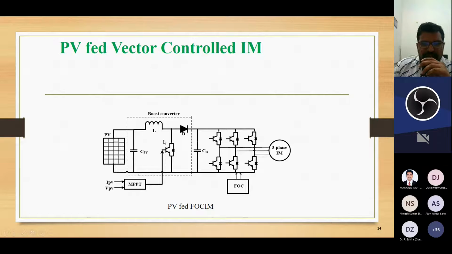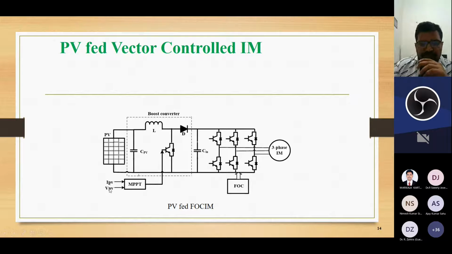As we know, the boost converter is a combination of an inductor, a switch and a diode. Here there will be an MPPT algorithm. It will take the input of IPV and VPV, where IPV is the PV output current and VPV is the PV output voltage.